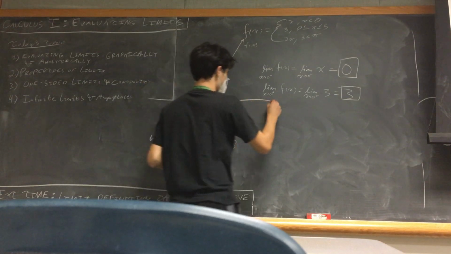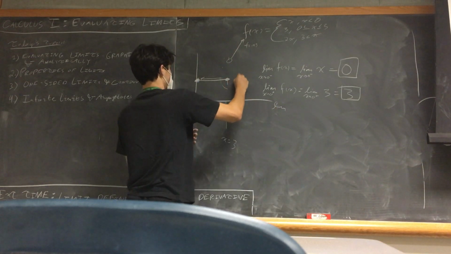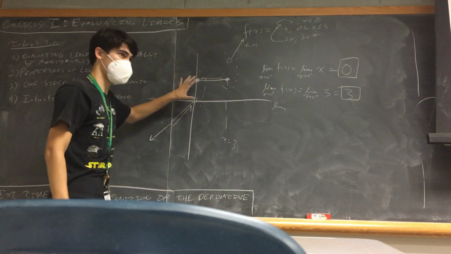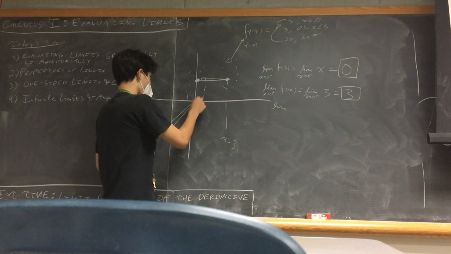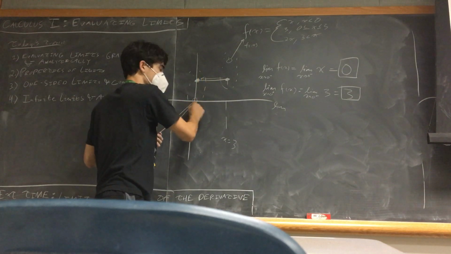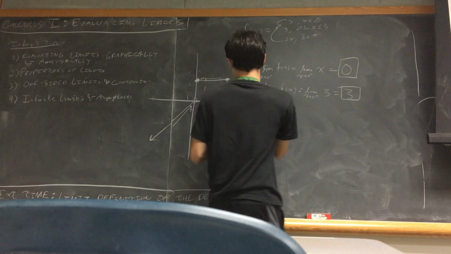Now let's look at the other part that's discontinuous. These discontinuities are non-removable, because as you can see, the limit doesn't exist. It approaches a different value from the left than it does from the right. And then the same here.